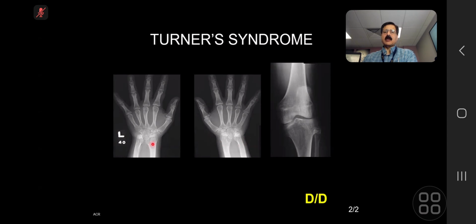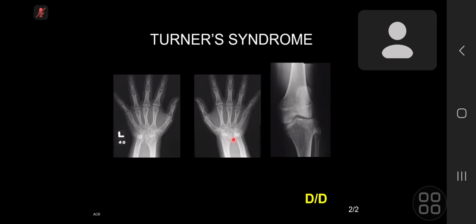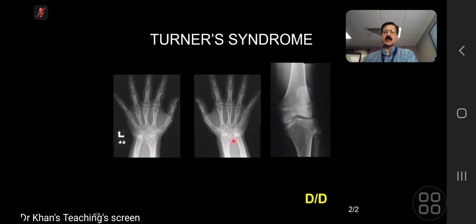Second thing is Madelung deformity. Now, if you see here, the mechanism, and you are absolutely right in your concept, is that the medial portion of the epiphysis of the radius is not formed. Because of that, there is subluxation of the carpal bones and subluxation at the distal radio-ulnar joint.